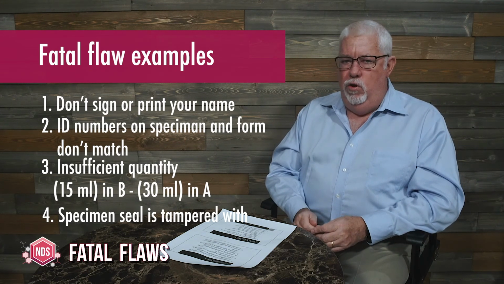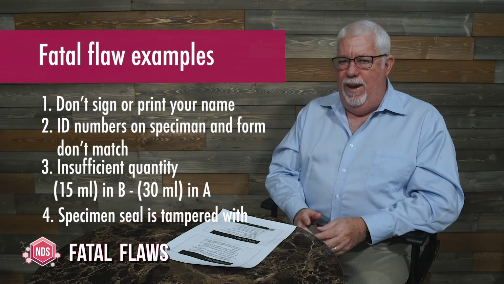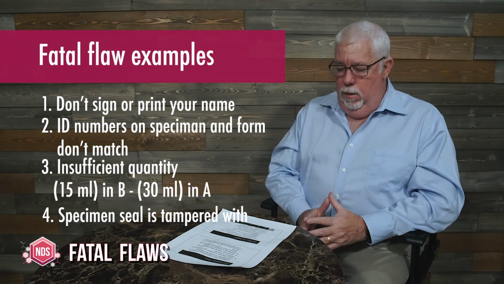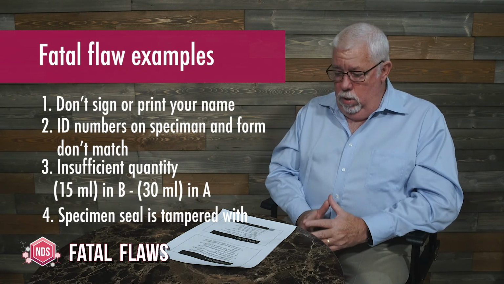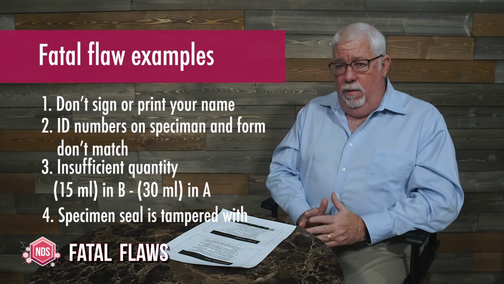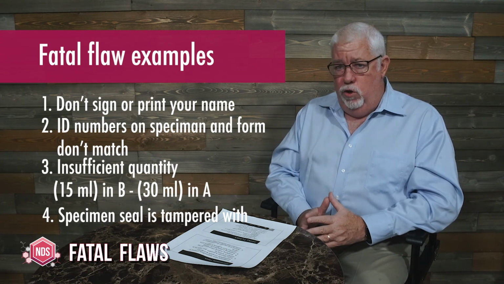If they're ripped, torn, or appear to be tampered with, the lab will cancel the test. That will be a fatal flaw. So those are some examples of the fatal flaws. Again, they're going to require error correction training.